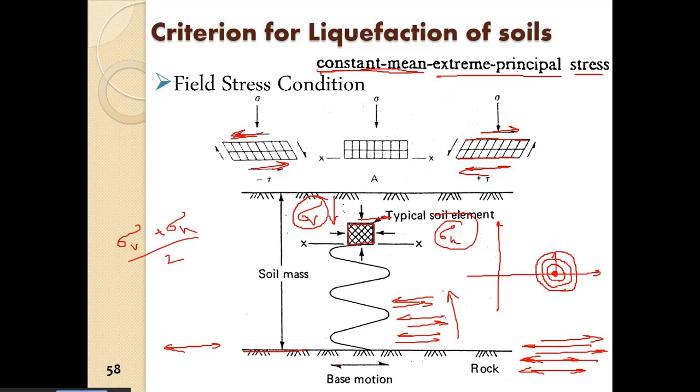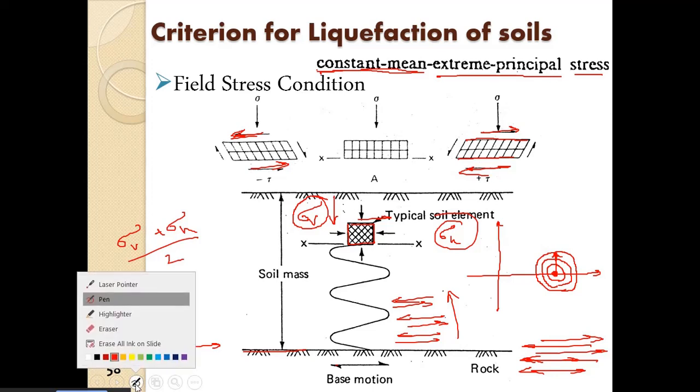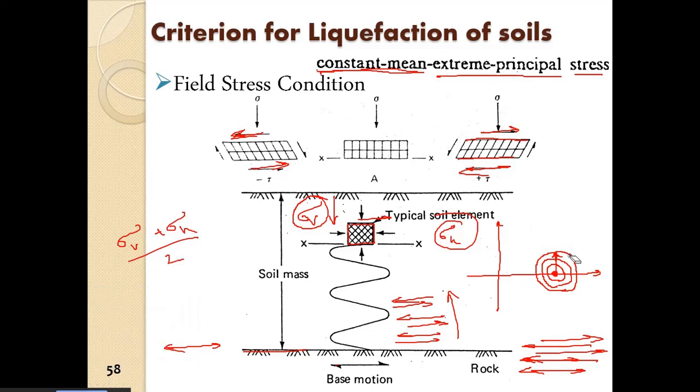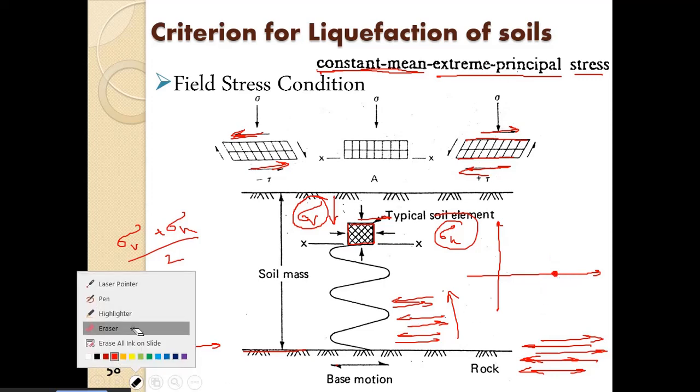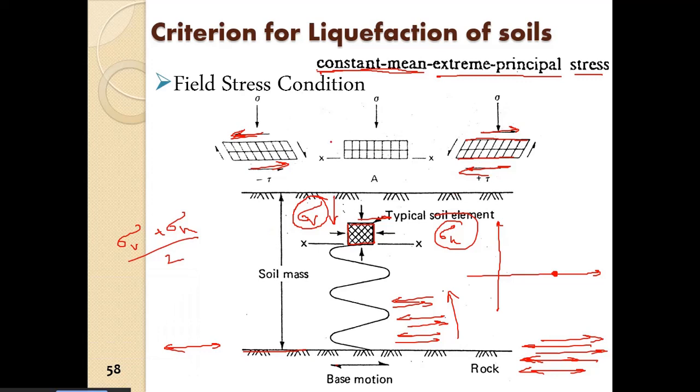Only the shear applied to the soil increases. In the next cycle, the Mohr circle will collapse back to this state.